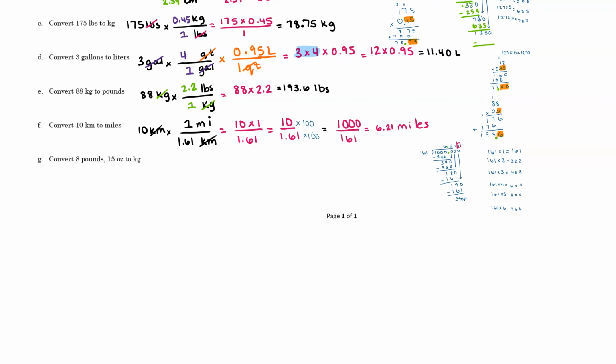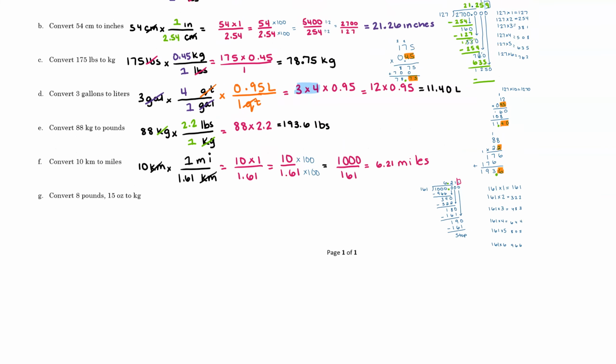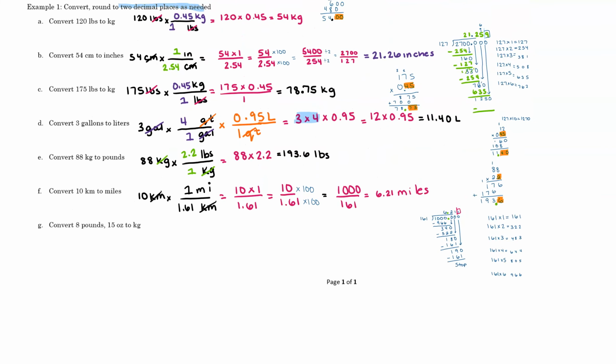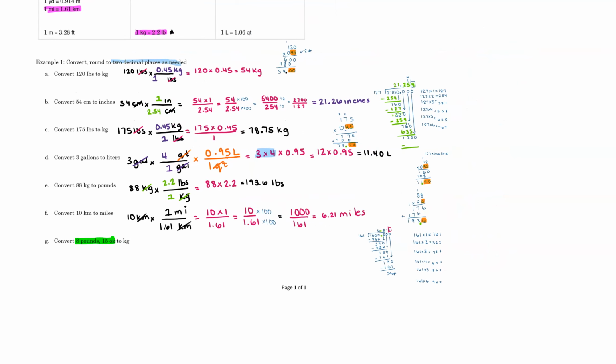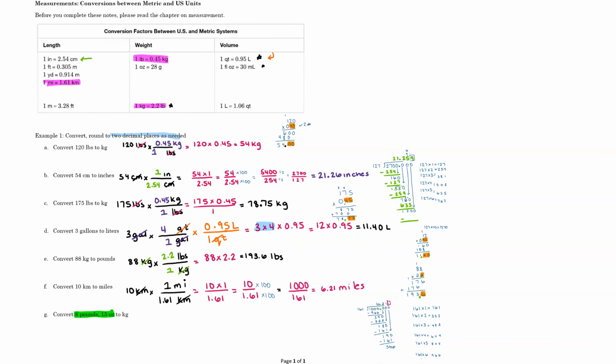Convert 8 pounds, 15 ounces to kilograms. Okay, well, 8 pounds, 15 ounces, that's like a mixed number, right? So we need to either put it all into ounces or all into pounds. Let's look at what we've got here.